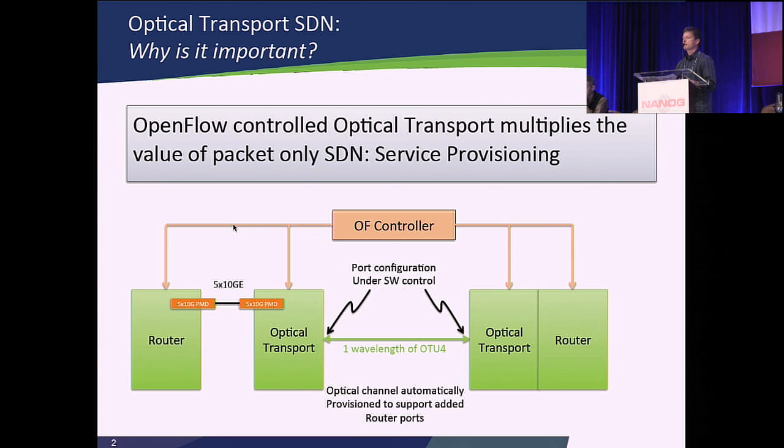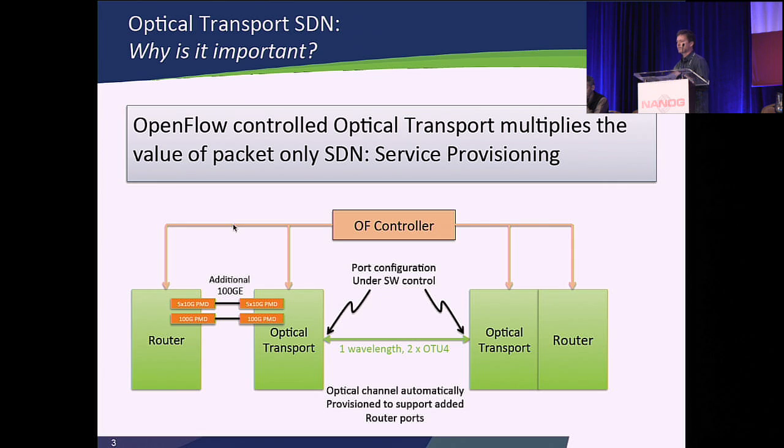See an example here of a router connected to an optical transport box. It has a couple of 10 gig E-links being transported over an O2.4. Without SDN control over the optical transport box, any changes you make to those ports have to be done manually.